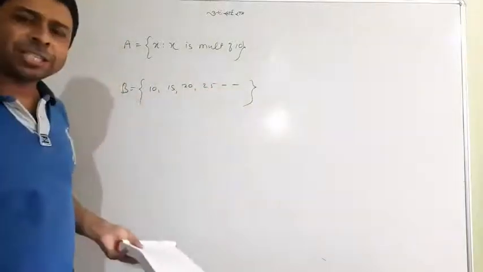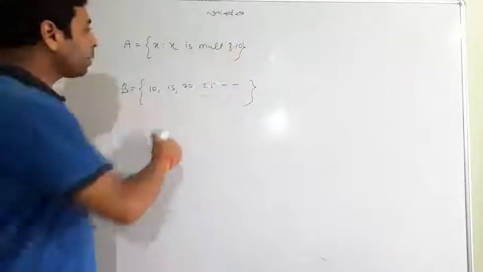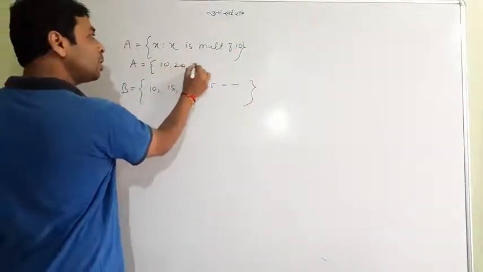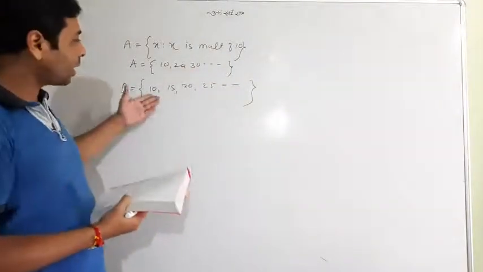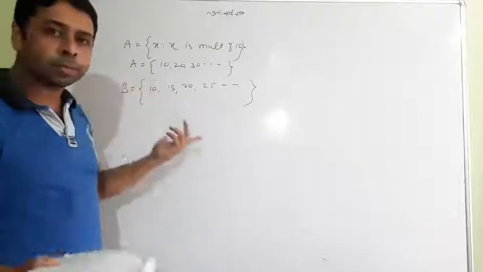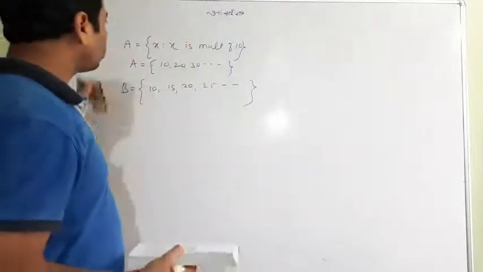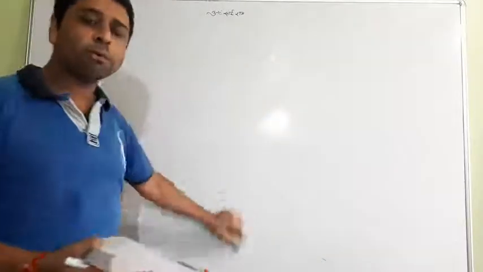One should catch easily: multiple of 10 means what? 10, 20, 30, 40, 50. These are multiples of 10, and this is 10, 15, 20. Obviously both are not the same. So these are very common questions. Don't be afraid of any questions. They are easy, but don't leave them. Do them in your fair copy.